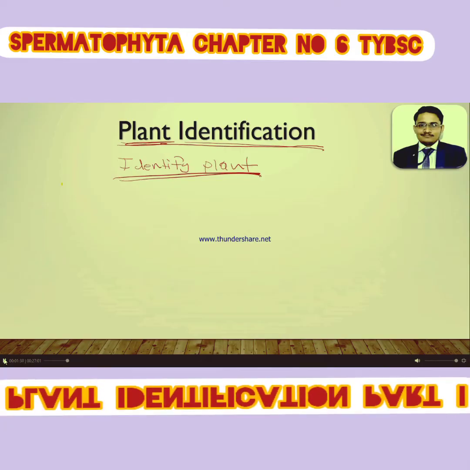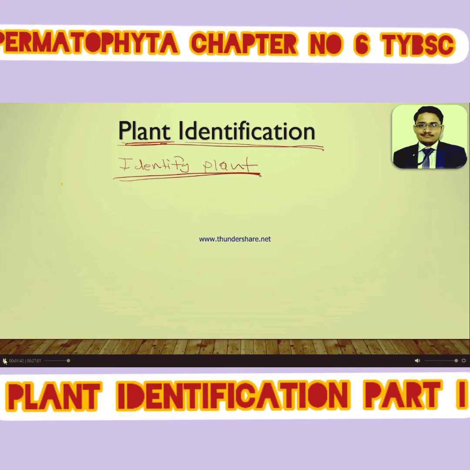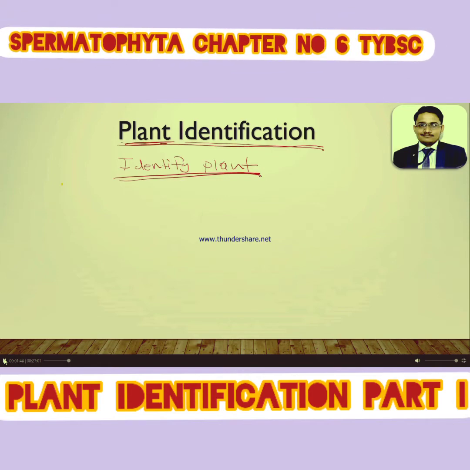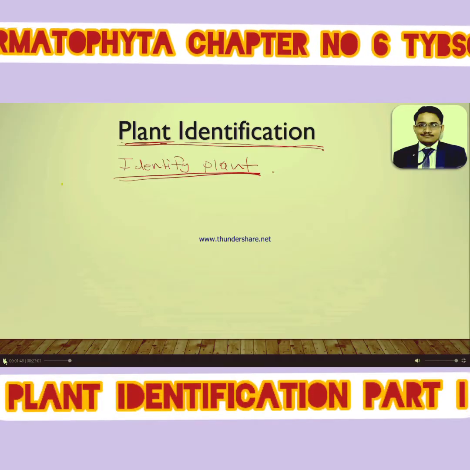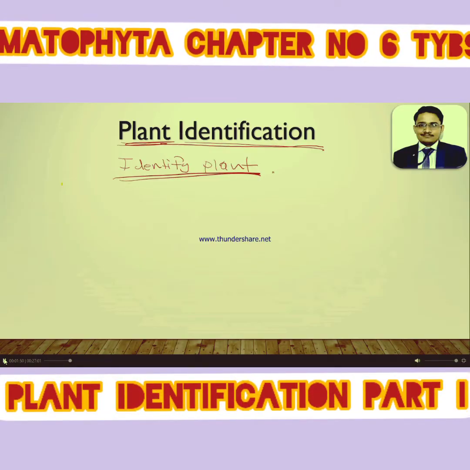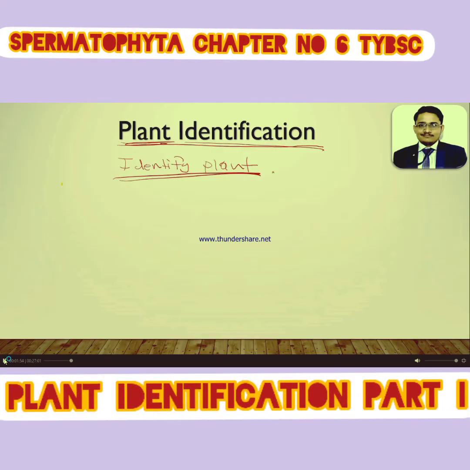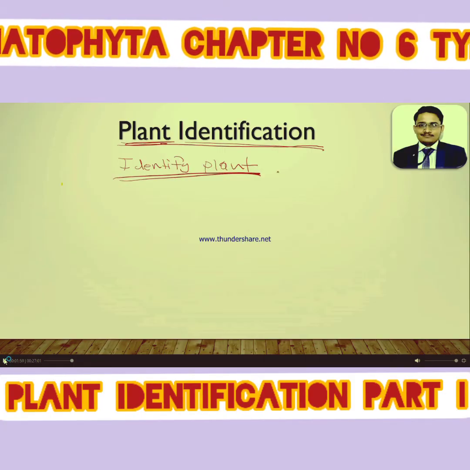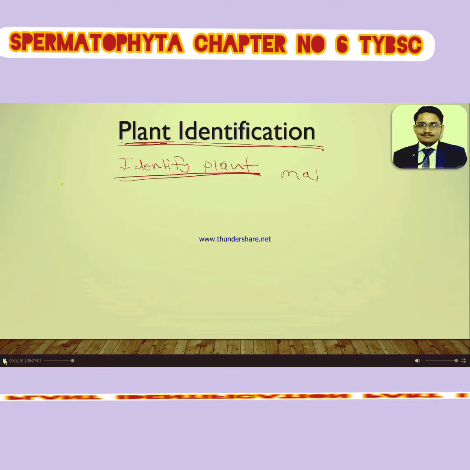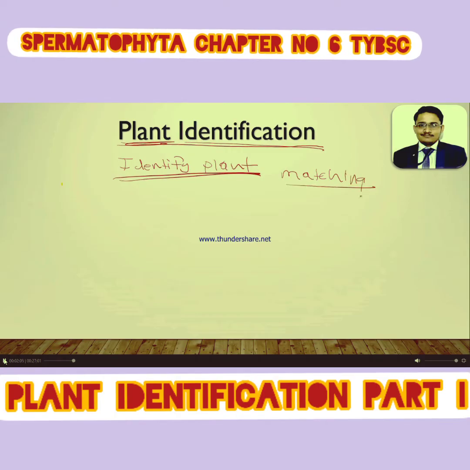A plant can be identified with the help of different sources, such as with the help of a matching category, by matching.